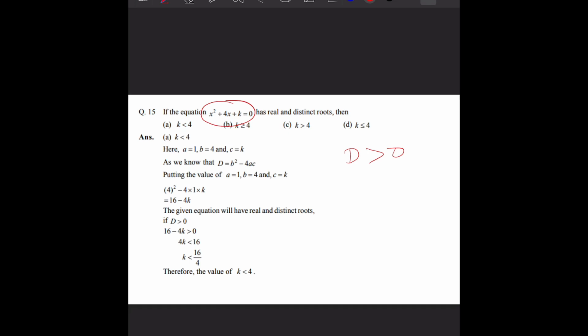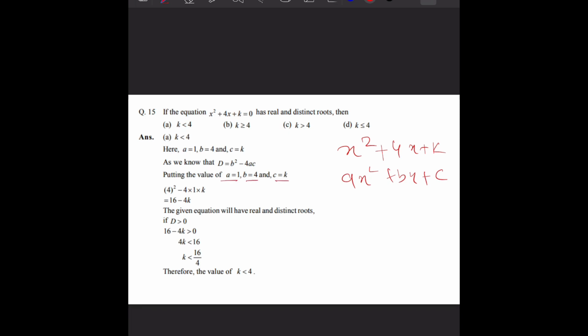By comparing the above equation with ax square plus bx plus c, we get a equal to 1, b equal to 4, c equal to k.